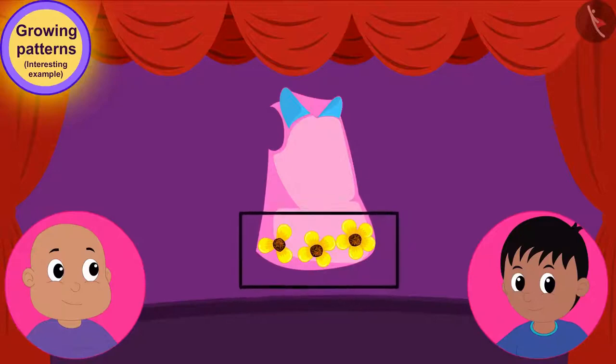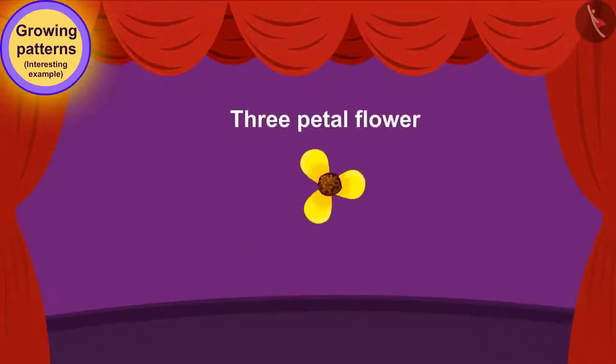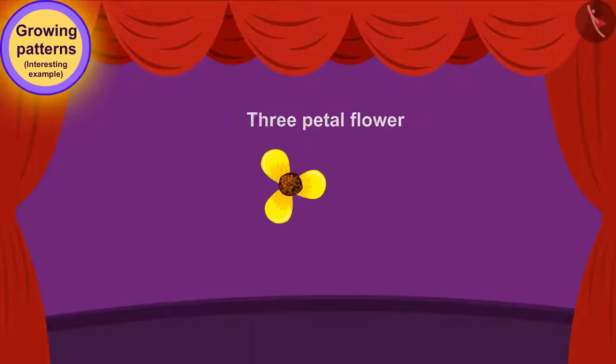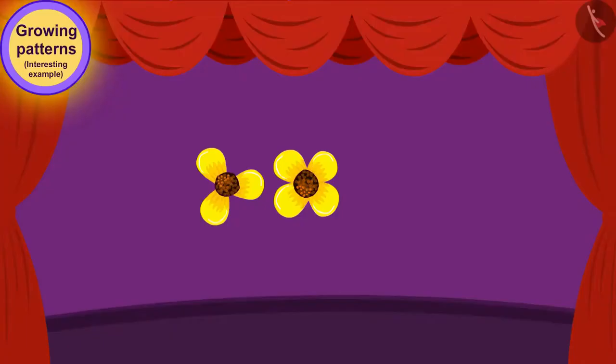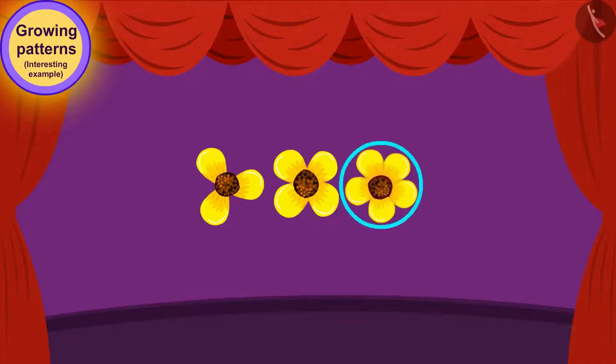The pattern began with a 3-petal flower. Then, a 4-petal flower was added to it. In this way, every time a flower with one more petal is being added to it.